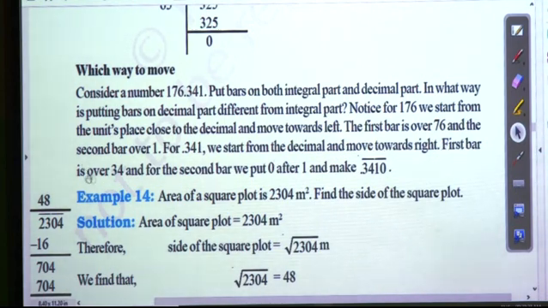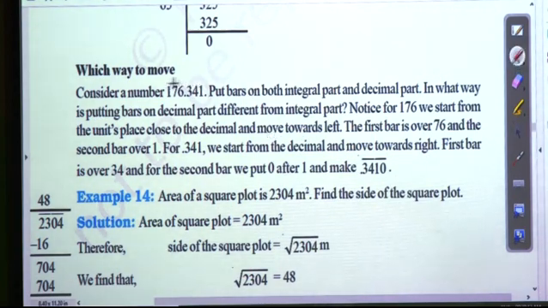The first bar is over 34 and for the second bar we put 0 after 1 and make 34 after the decimal point 3410. What are they trying to explain to us?